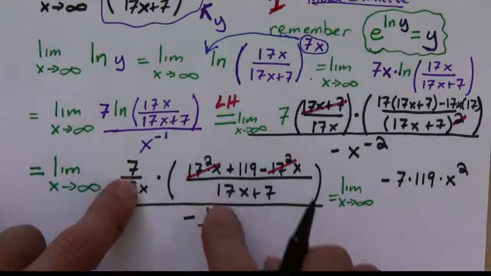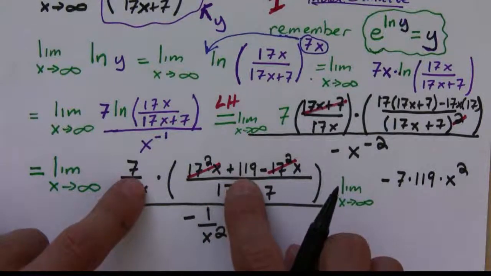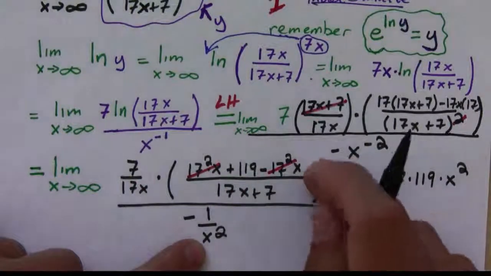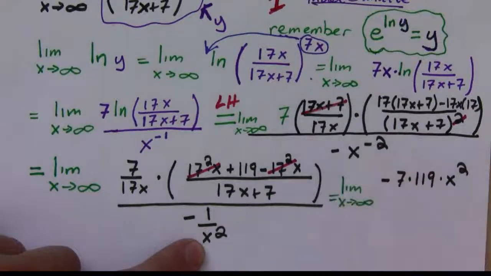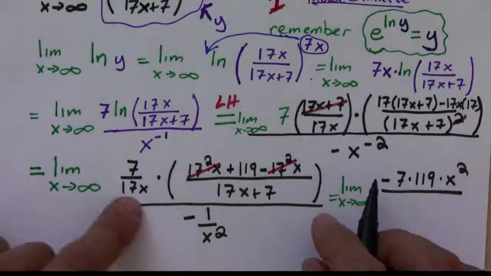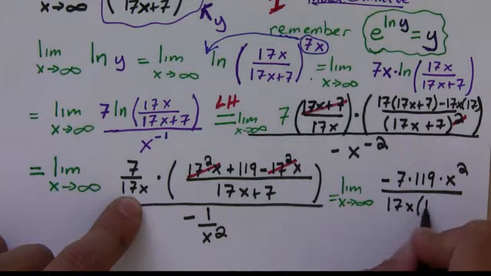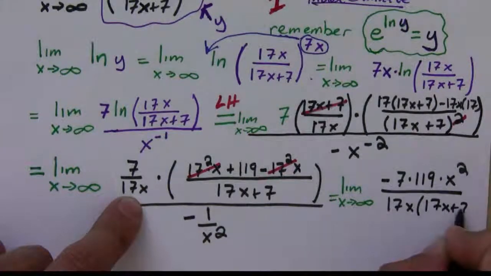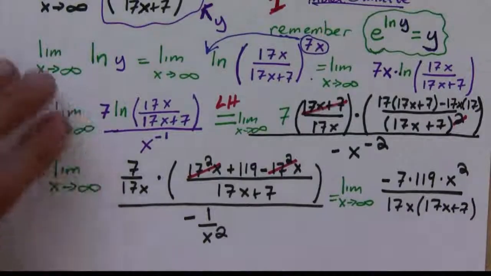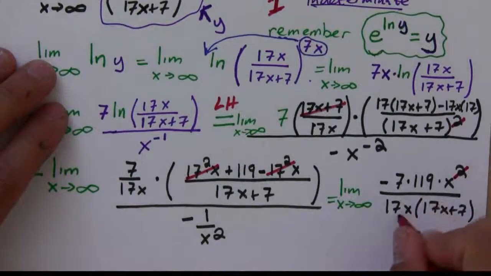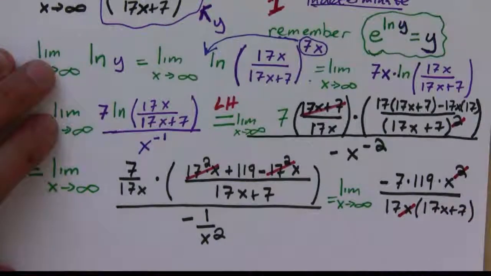So that's the 7, the 119 up here, and then the 1 over x squared. The x squared ends up on top when you invert and multiply. Okay, and then on the denominator, I'm going to have 17x times 17x plus 7. Then I can do a little simplification again. This guy cancels with this x.